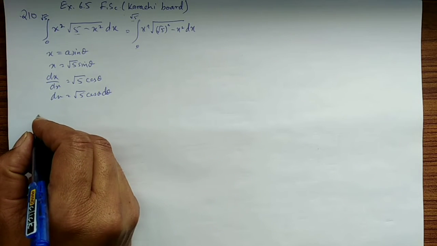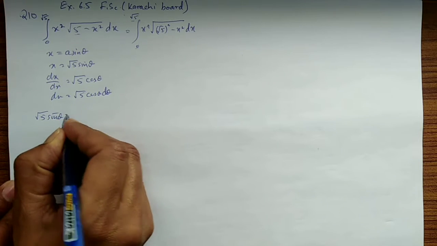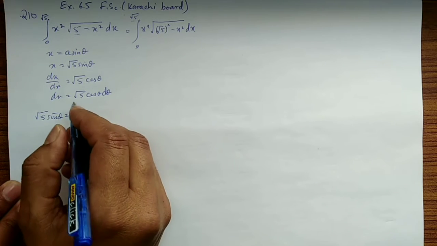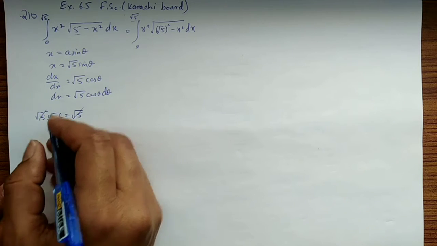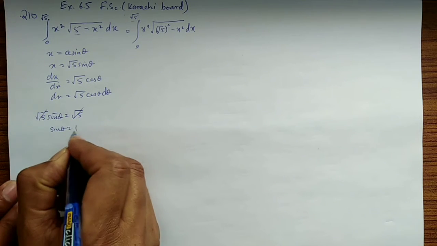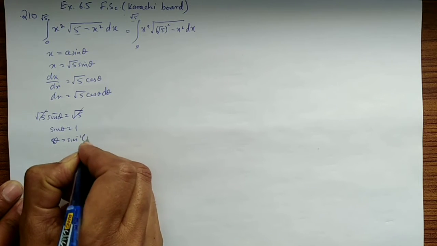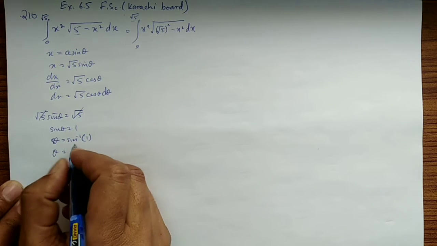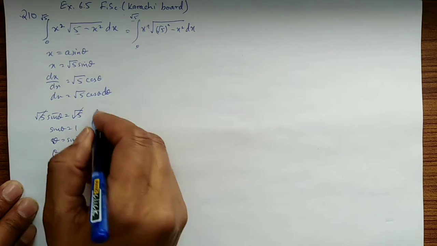So root of 5 sine theta equals x. What is x? That is root of 5. So we can cancel this out from here. Sine theta is equal to 1 and theta is equal to sine inverse of 1. Theta is equal to pi upon 2, right?